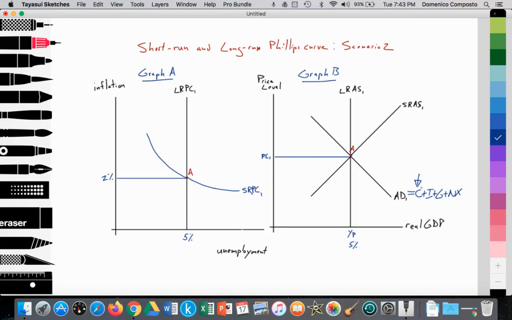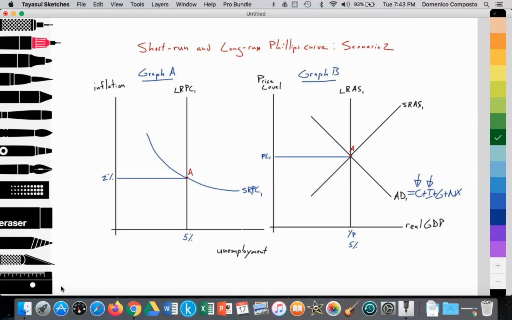And because households are spending less, firms are seeing that their revenue is falling, and they will be unlikely to borrow and invest in new capital resources to expand their business. So we see investment spending also falling. So that causes aggregate demand to decrease.